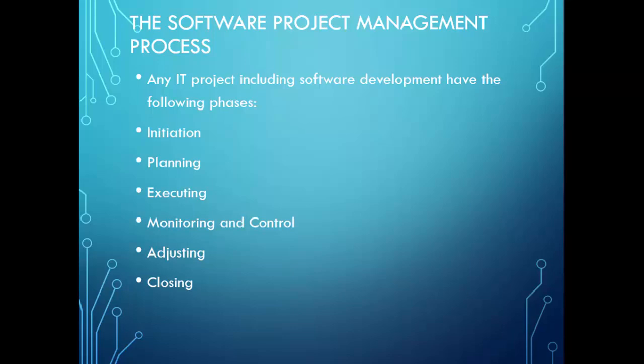If there are any changes, then you need to adjust as needed, and after that you deliver all the products or the promised specifications to the customer, and you close the project with an agreement to maintain or update as needed. And we'll talk about the project management aspect of it later on in different chapters.